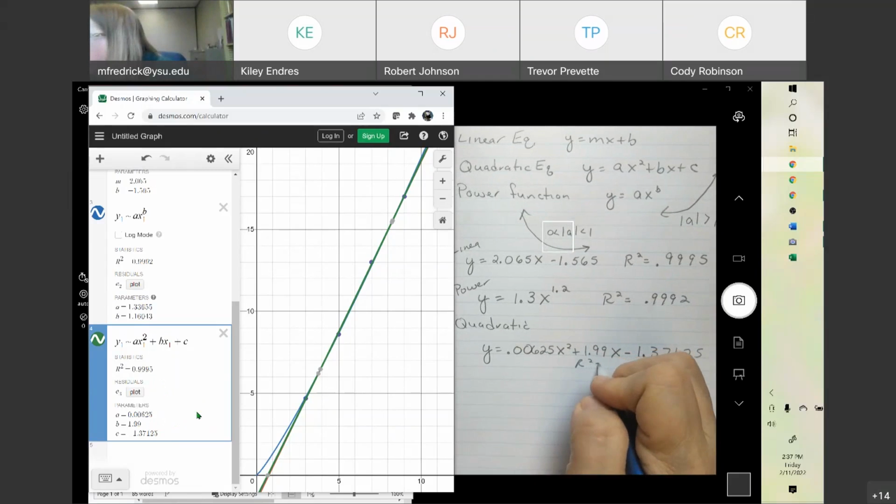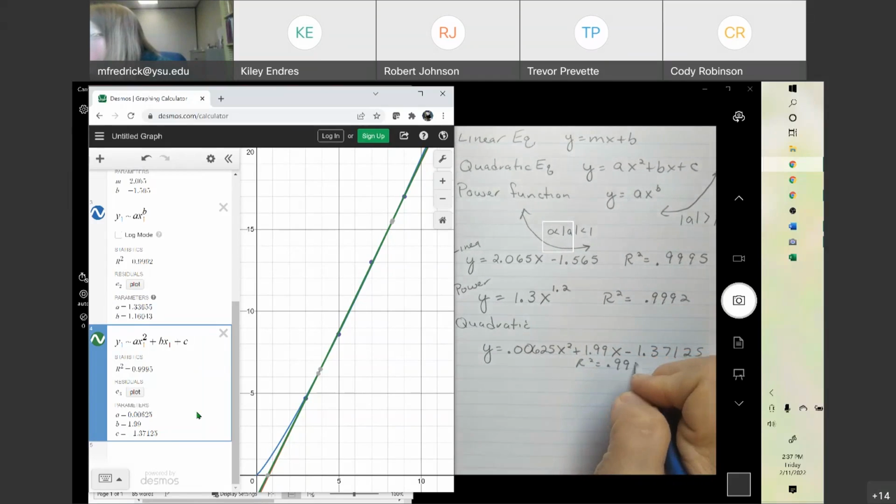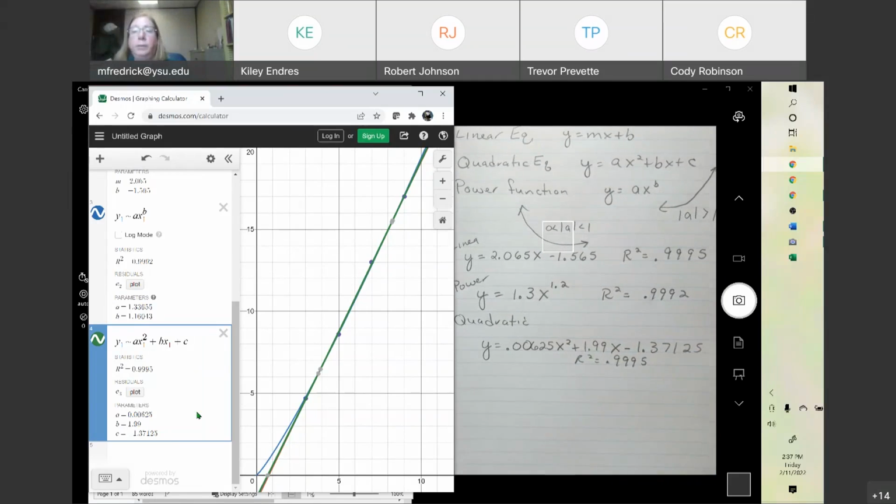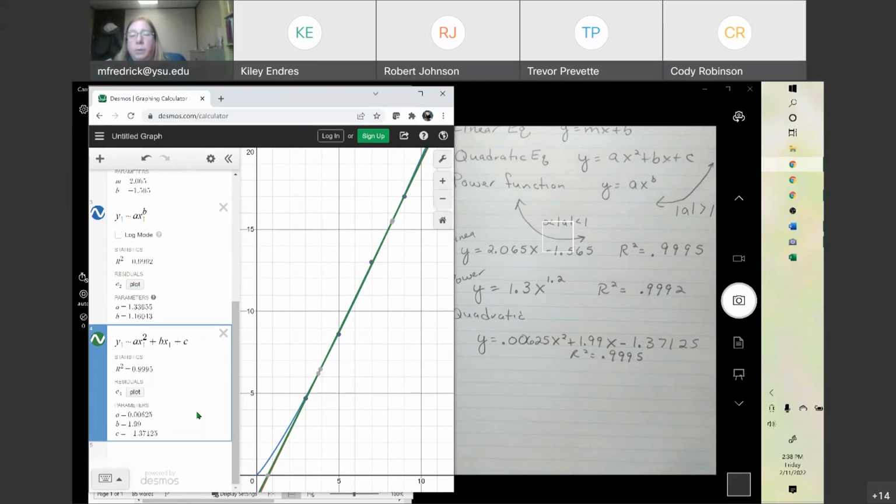And r squared is 0.9995. So all of them are really strong. Depending on what you would want, they would all work. Now to see the graph, let me make this a little bit bigger.